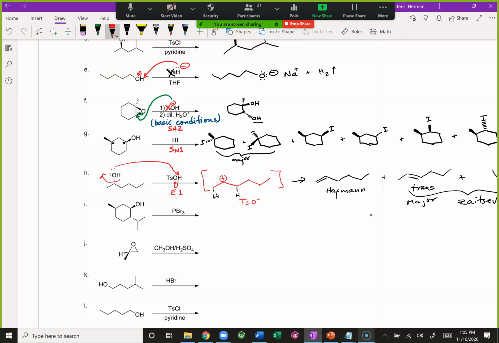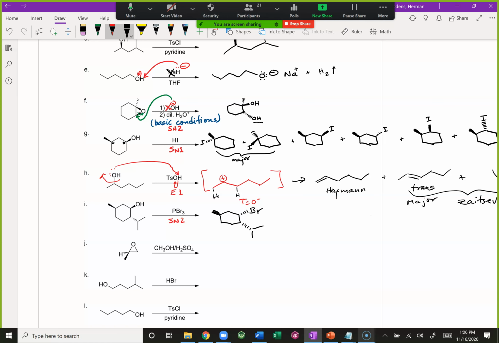All right. So on the next one, this is a pure SN2 reaction, where the OH will be transforming to bromine. So the only thing you have to think about here is this bromine going to be up or down? Down. So this is a pure SN2 with inversion of configuration.